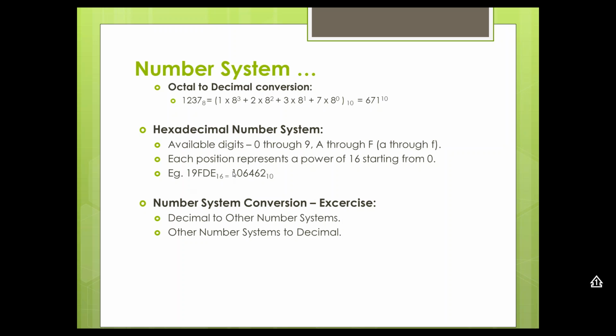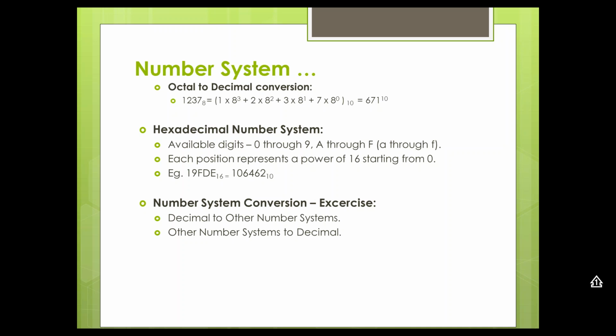Like in base system 16, and the equivalent value is 106462 to the power of 62 in decimal system. So if you see all three systems, that is binary, octal, and hexadecimal, to convert it into decimal system, we just multiply each digit with its position weight.